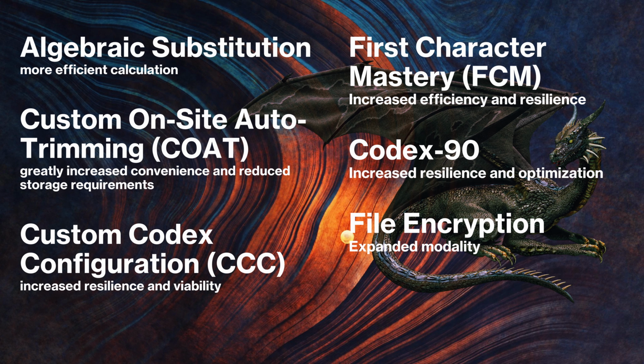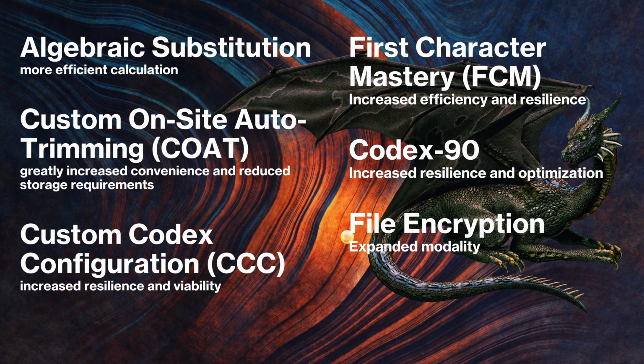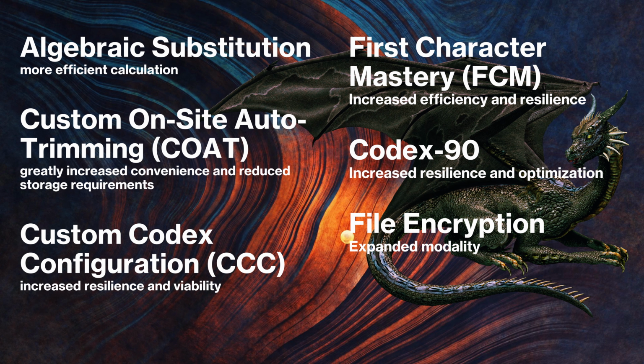Custom on-site auto-trimming. The original algorithm called for the key to have a length equal to the length of the encoded data. This is still the case, but with COAT, the tedium of having to enter a key of a precise length is eliminated as the large master keys are tapered automatically to the required length.